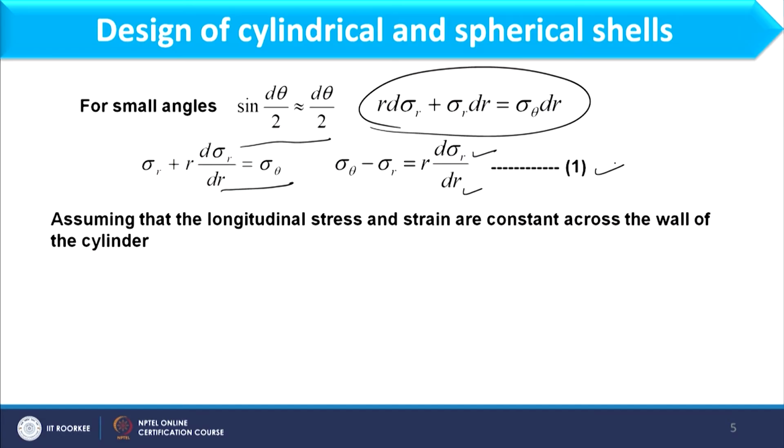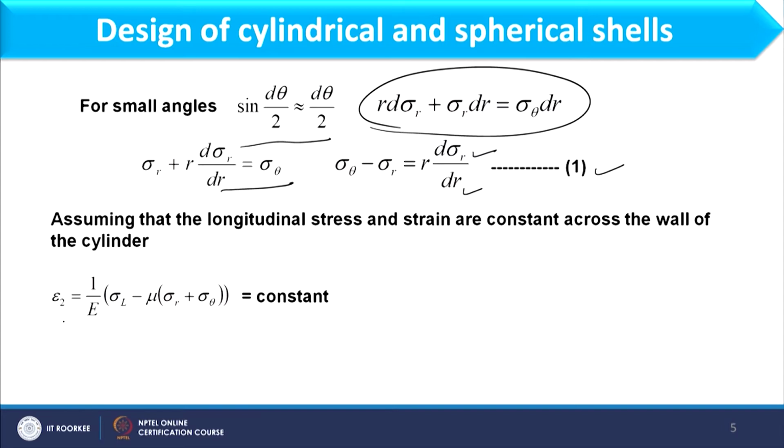Now what happens when I consider stress in the longitudinal direction? That stress would be uniform throughout, because whatever thickness will be there in the longitudinal direction, the stress throughout the thickness will be uniform, and therefore because stress is uniform, we can consider strain should also be uniform.